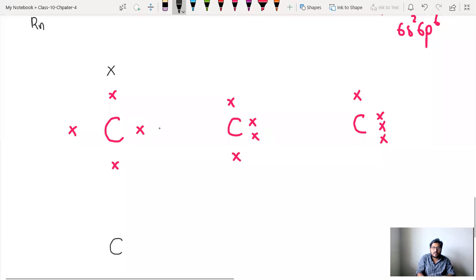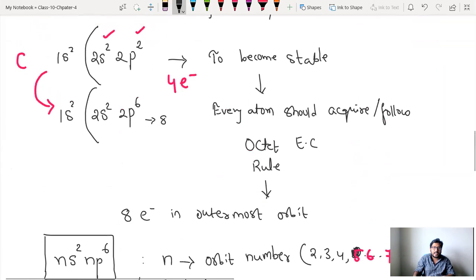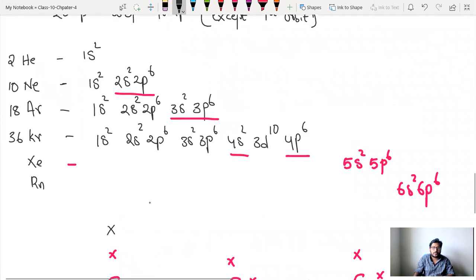And this electron will be trying to get another electron here, and this one here, and this one here. Now you see how many extra electrons it got? 4. That's what we have discussed here. It needs 4, so 4 it got.